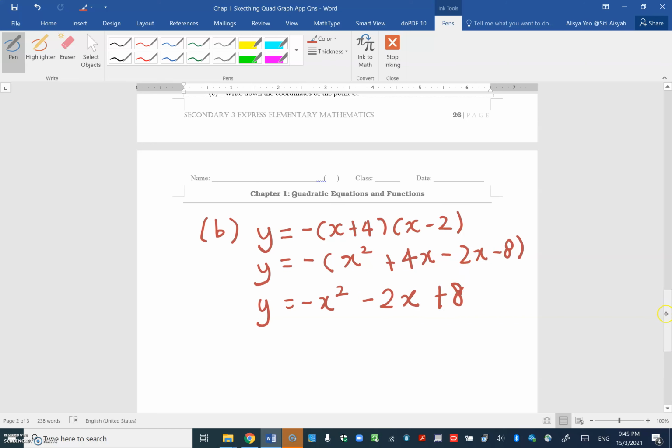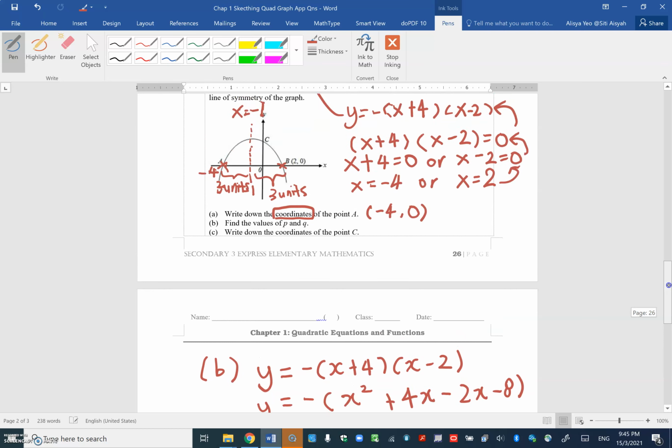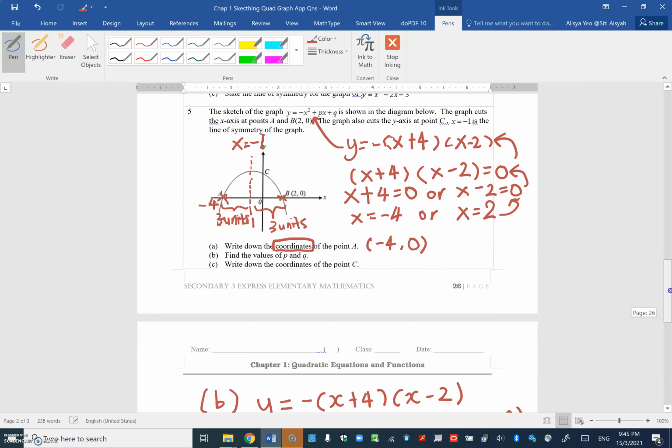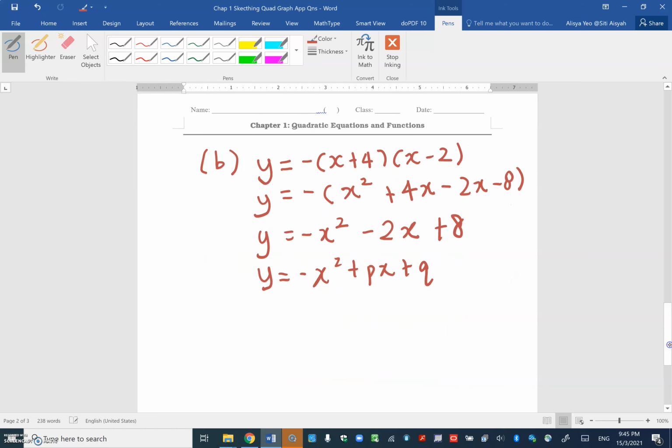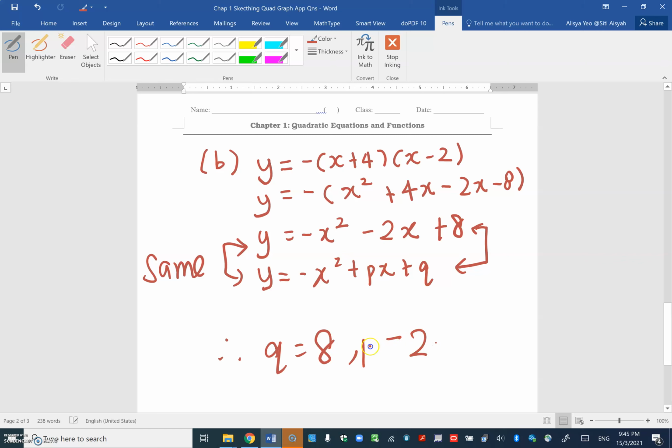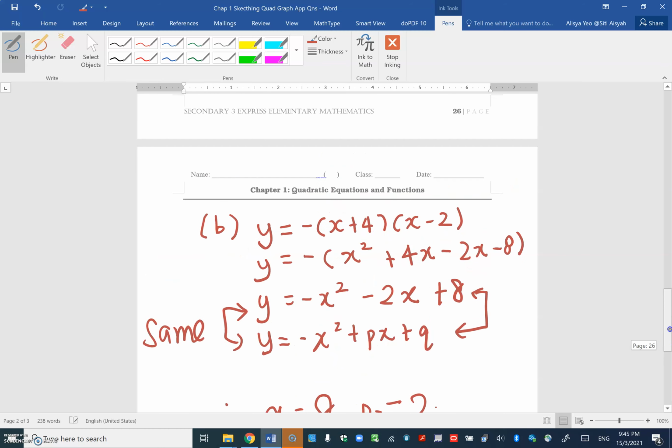So now we're going to compare with y equals negative x squared plus bx plus q, as in the question. So you make the comparison now. These two, they are the same equation. So it's the same. Meaning to say, the value of q is equal to 8, and the value of p is actually -2. So that answers part B.